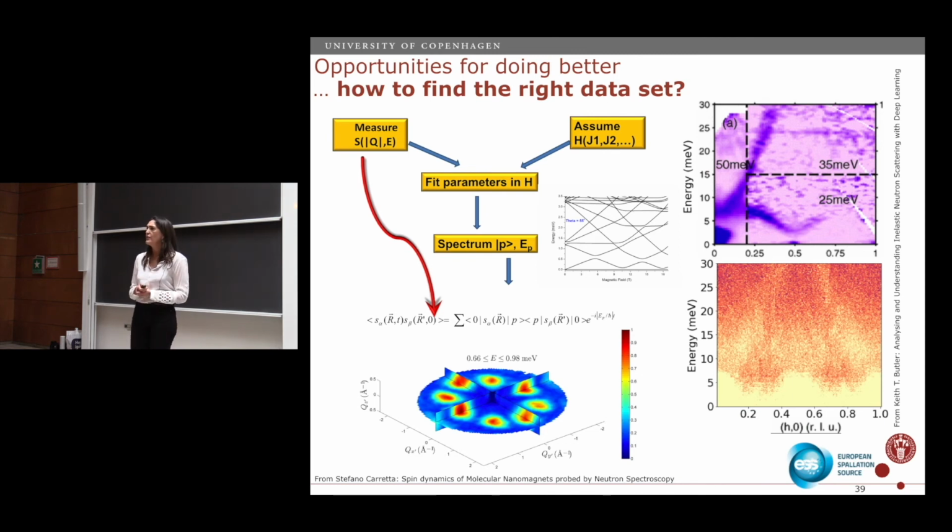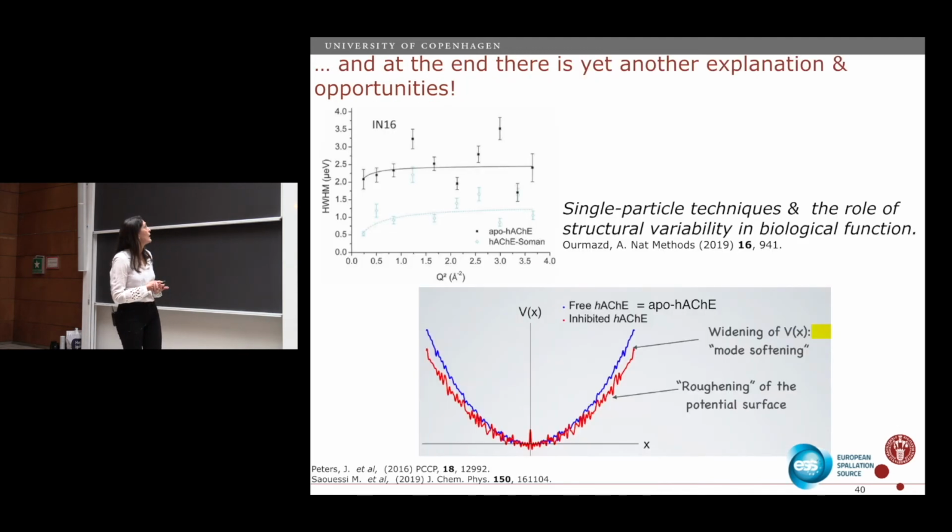Then there is another question that I ask. Okay, I'm looking at this energy range. Is it really in this energy range that my most important signal is? I don't know. But the information that I collected in my experiment is there. But there is no human power able to analyze all the data.